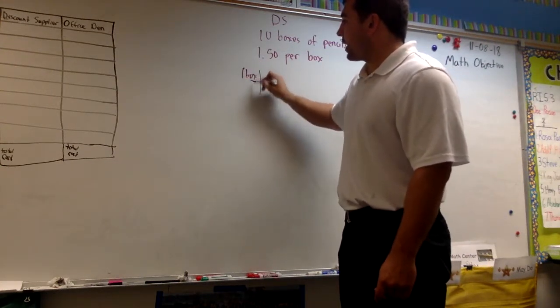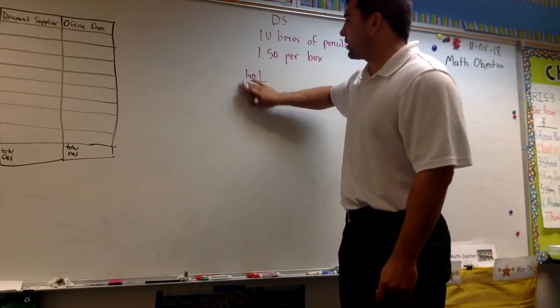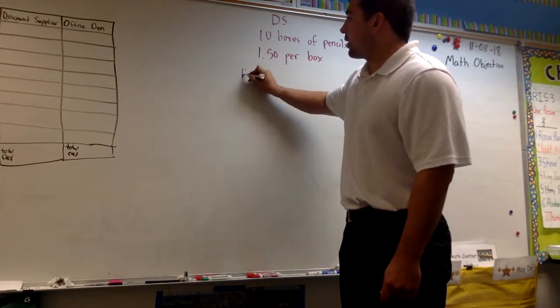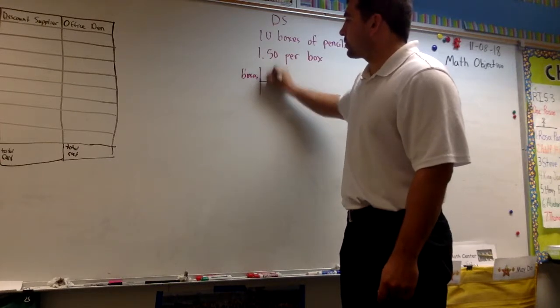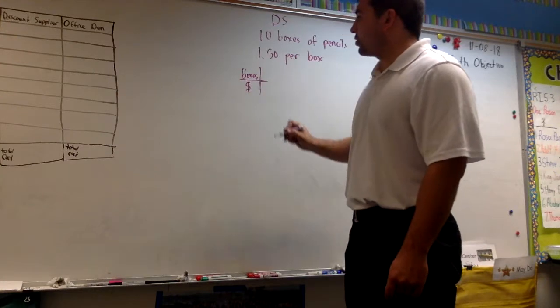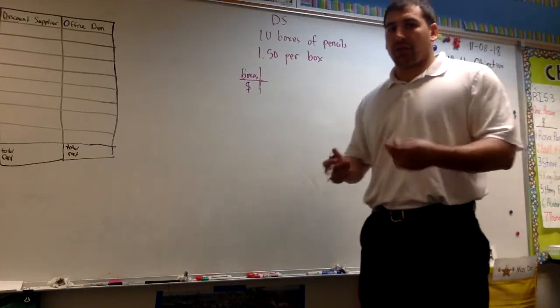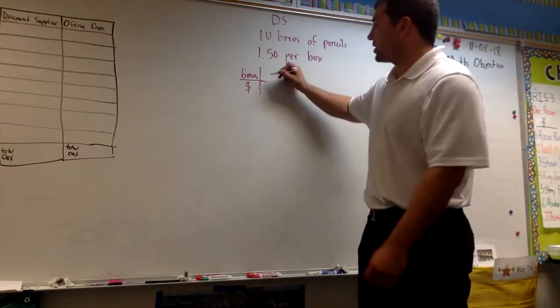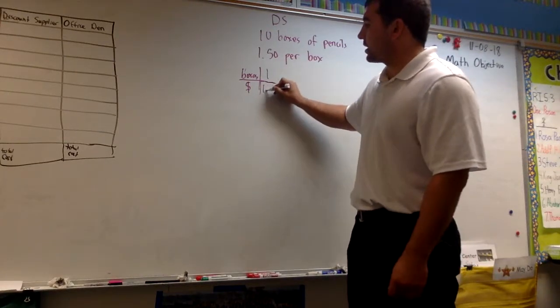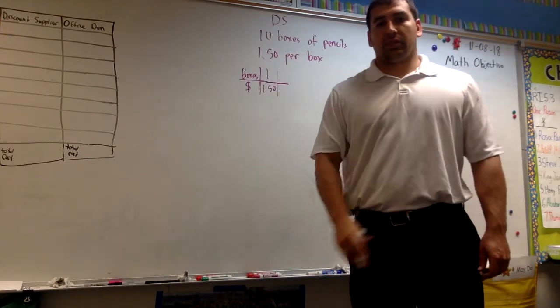One box is, so I'm going to put boxes and price. Okay, I want you to make a ratio table, and it might only be one or two steps, and try to figure out. So pause and use a ratio table. Here's the first thing: one box is $1.50. We know that. Try to figure out what 10 boxes would be.